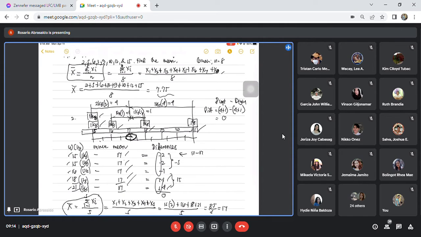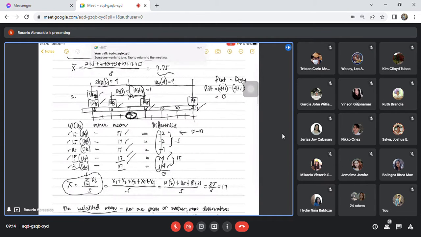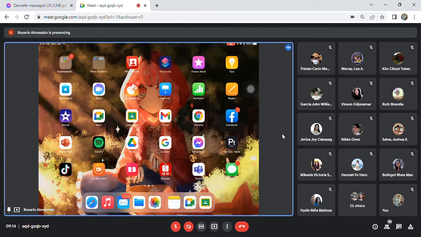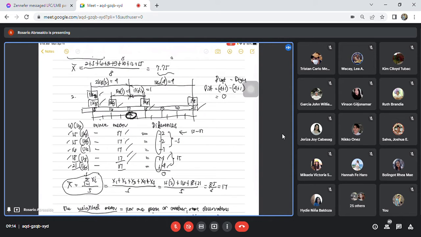Based on our calculations using the formula, the mean for this is 17. So that's why we put the mean here. Before we indicate the mean located here at 17, we use the formula.